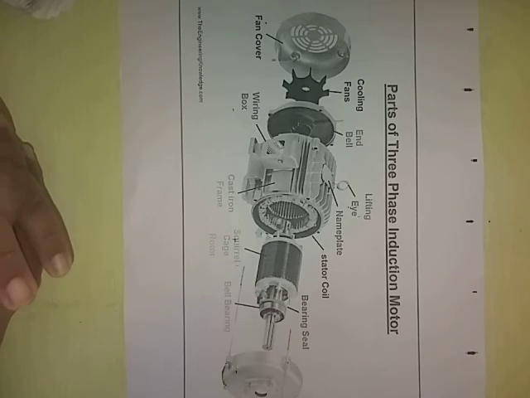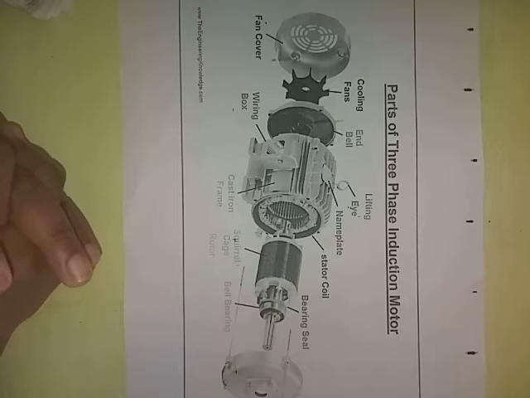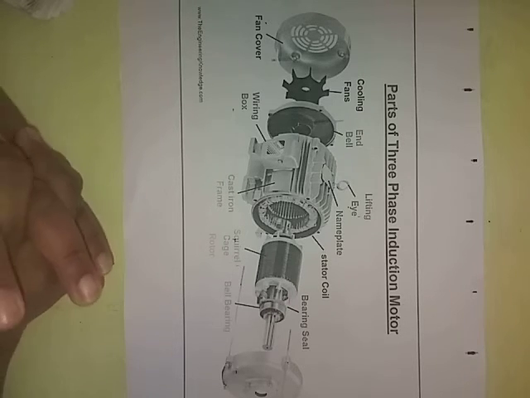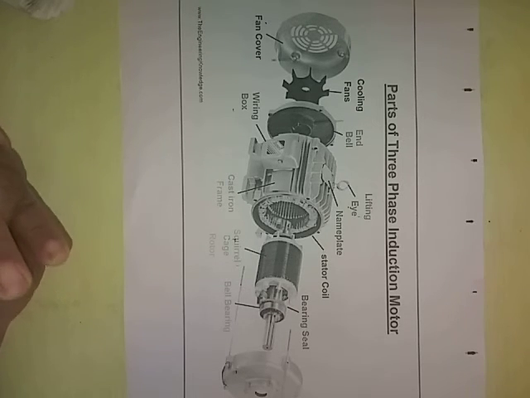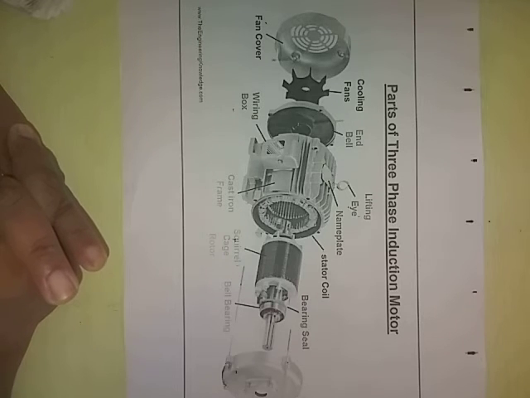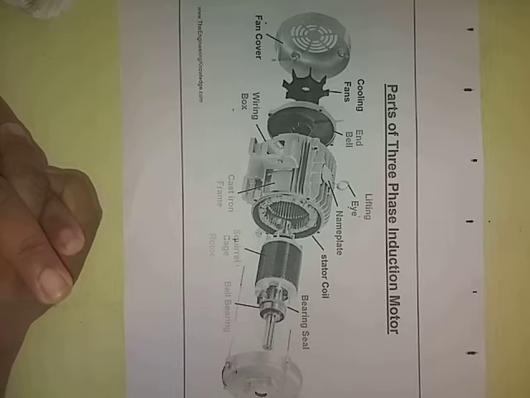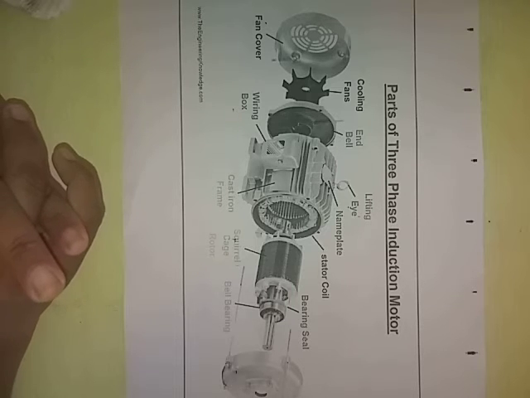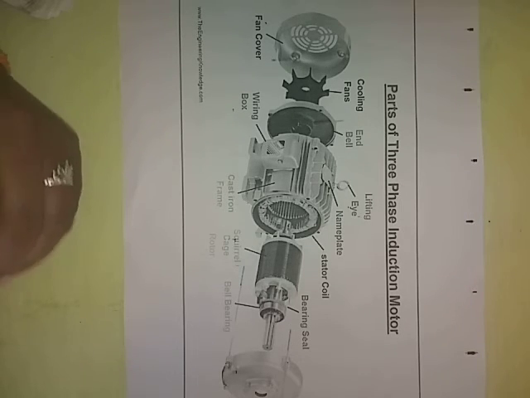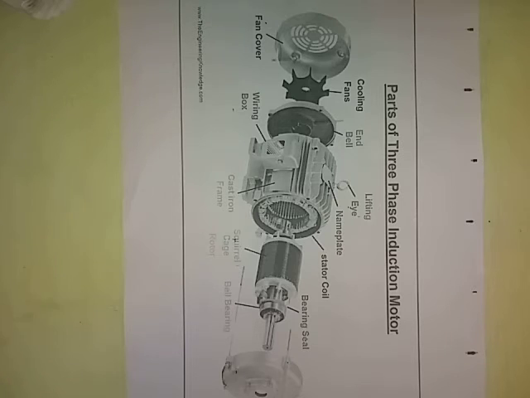Next one are the brushes, and we know that brushes are made up of carbon material, and the function of our brush is nothing but to provide connection between the external resistance and the slip rings in the slip ring type induction motor.